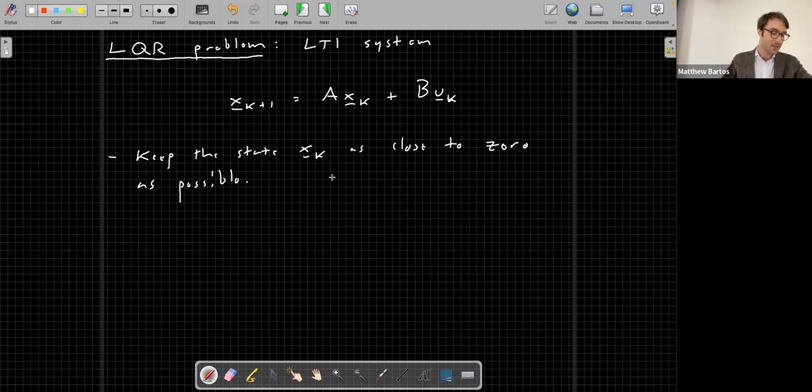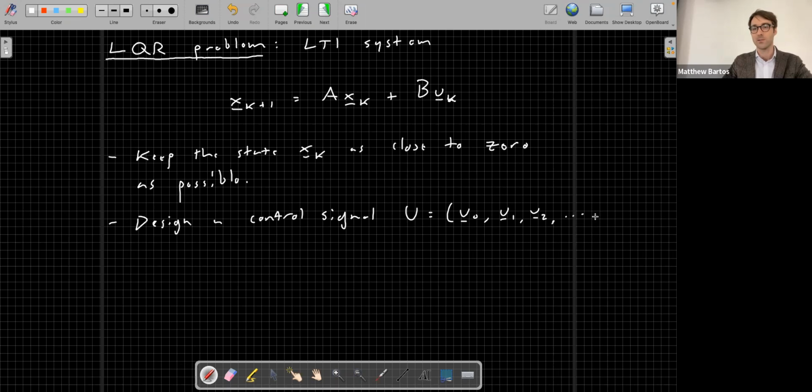as possible. And we want to design a control signal which I'll call capital U, which will consist of a collection of control inputs at each time step, U0, U1, U2, and so on, to achieve the following two objectives.